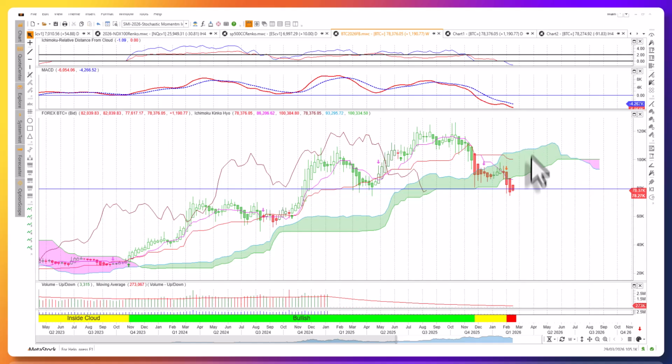So that's the scenario. If we get a successful test of support here, the upside target would be the bottom end of the front end of the cloud here, 100k there.